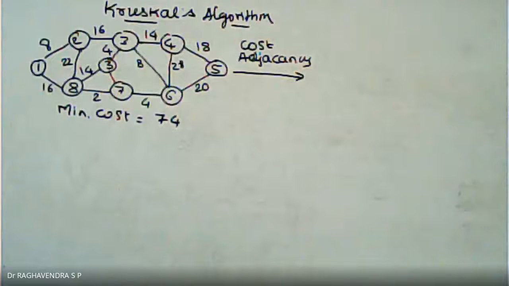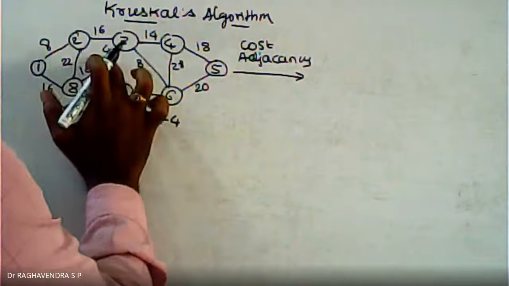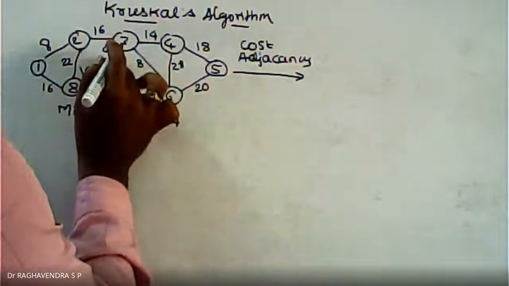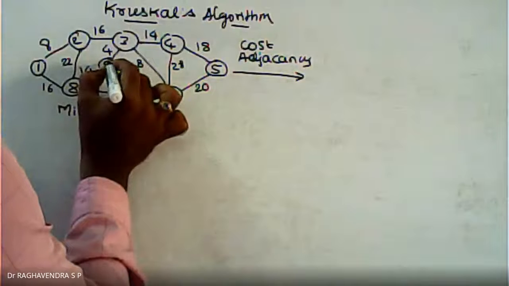Nine cross nine. The graph has a small mistake. This is 9. This is not 3, this is 9.